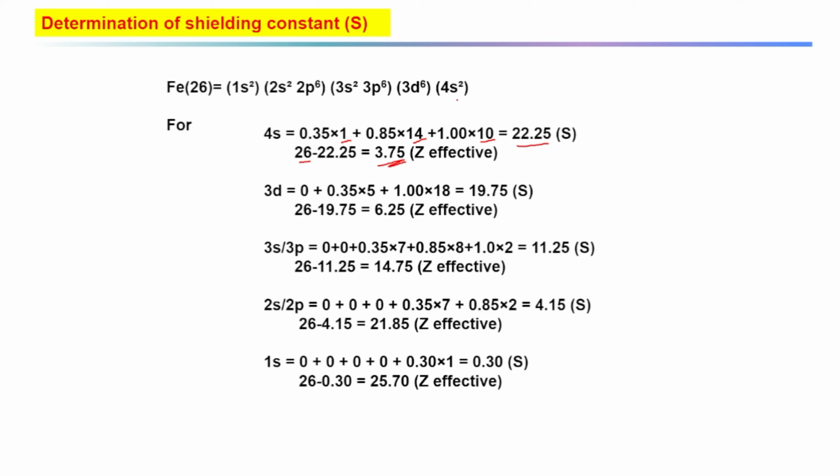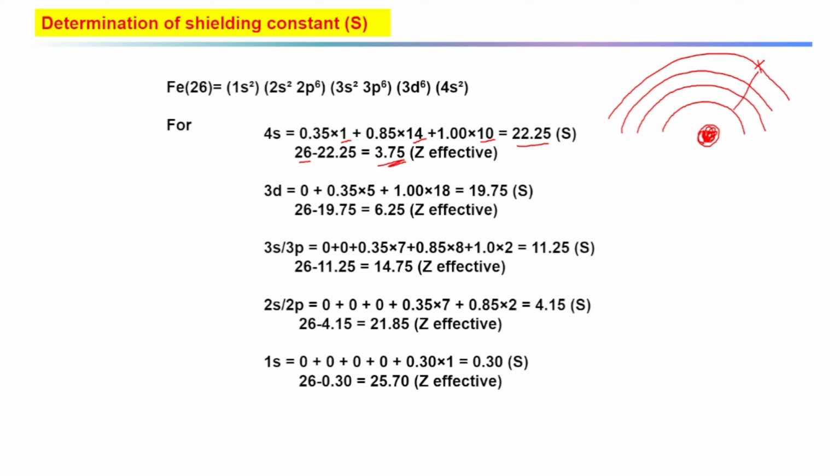Originally in iron, if this is the nucleus, I will just shade it. In the nucleus we have 26 protons, right? After that we have the different shells: 1s, 2s, 2p, 3s, 3p, 3d, 4s. So we have all these electrons. Now just assume the 4s electrons are here, and all the other electrons are before these 4s electrons.